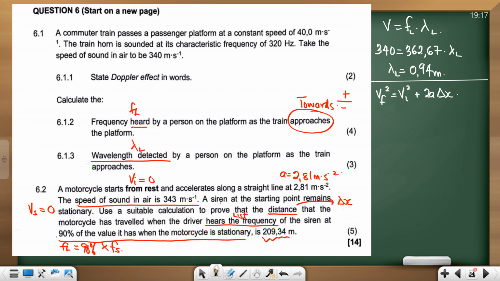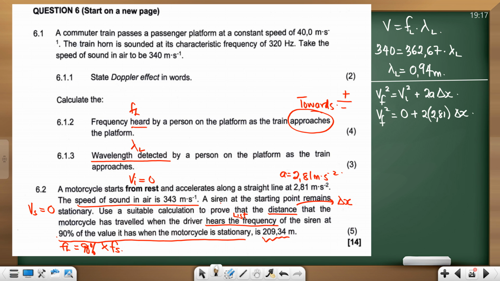Do we know the final velocity? What is the final velocity? Stop lying. We don't know this. Do we know the initial velocity? Yes. 0 plus 2. Do we know a? Yes. Do you notice we have two unknowns?